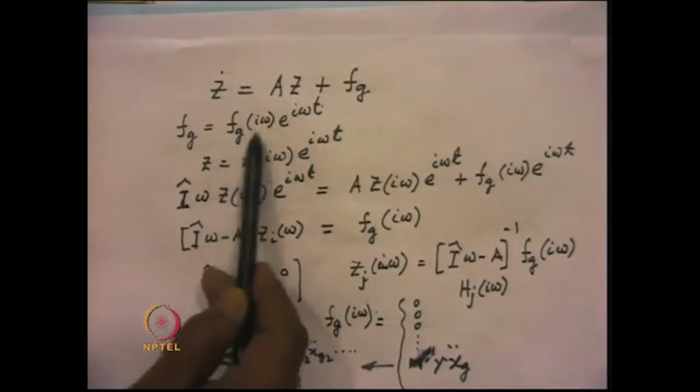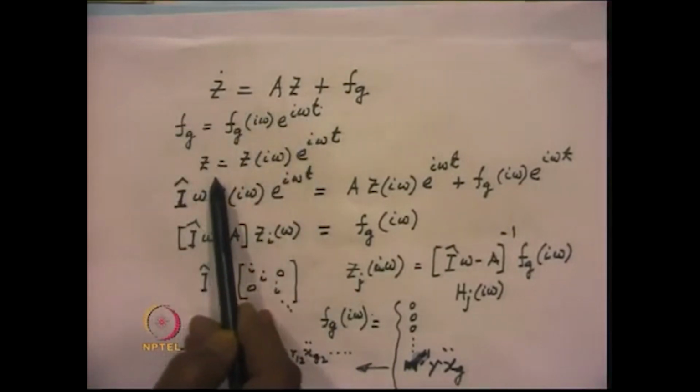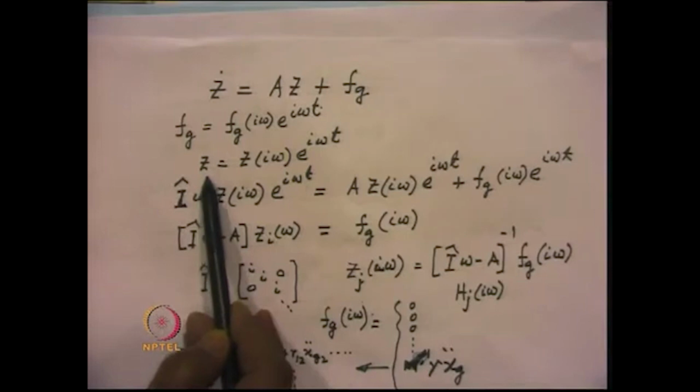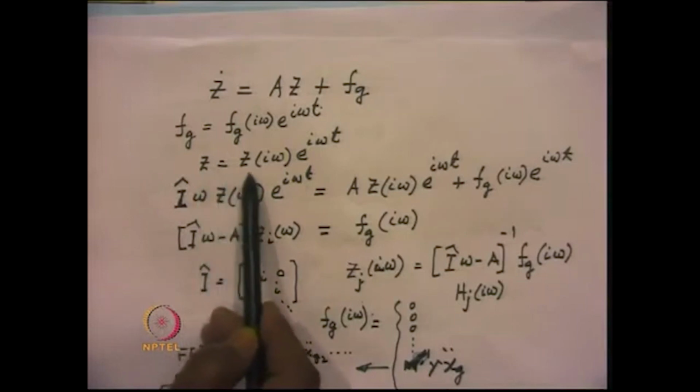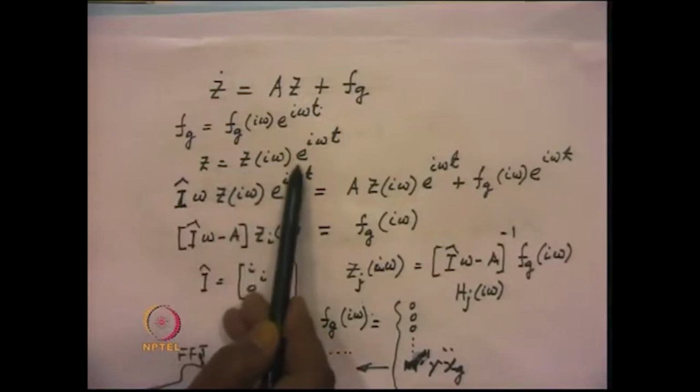Now, if the excitation is of this form, then it is reasonable to assume that the steady state solution of the system would also be of this form: Z will be equal to Z(i omega) into e to the power i omega t.